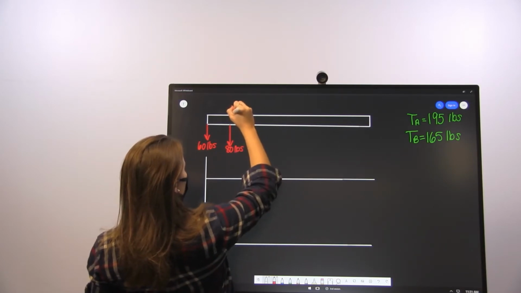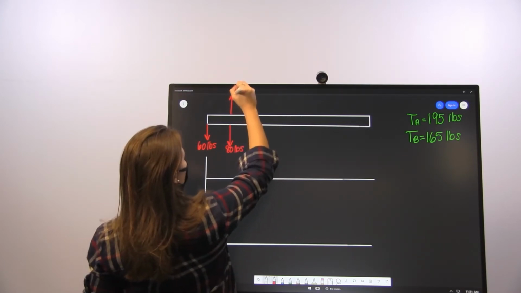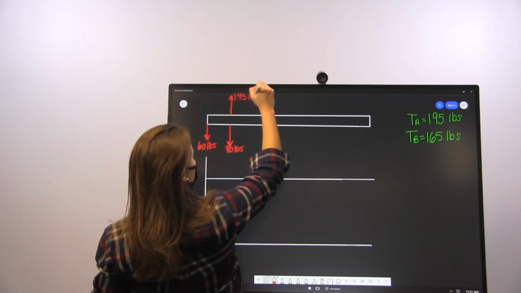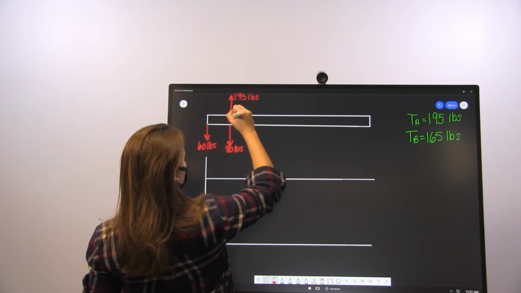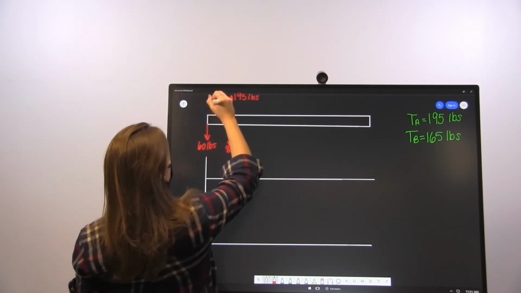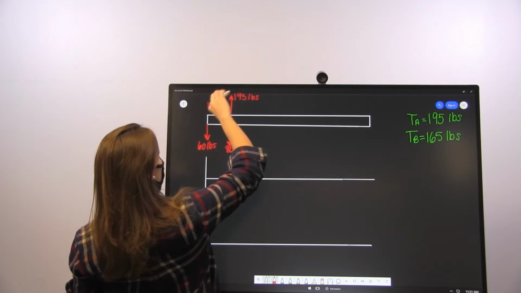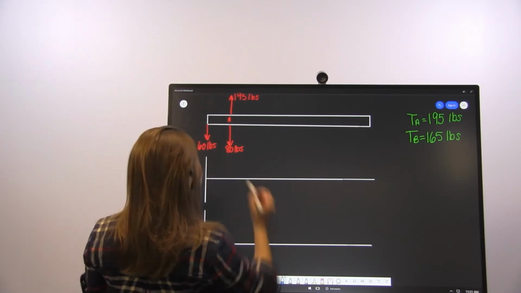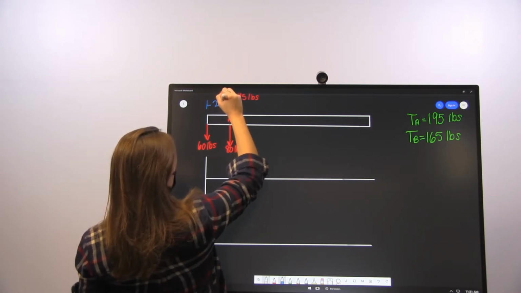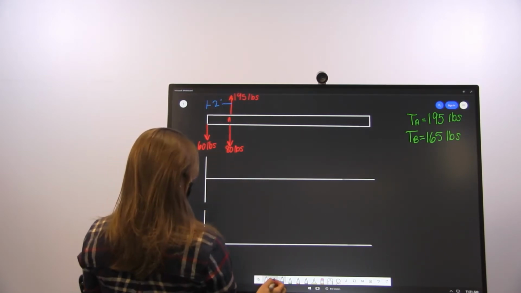And we're going to have our upward 195 pounds, because this is A, right here. And then these are going to be 2 feet apart. We're going to want to make sure that we know the increments between these, because that's what we're going to use in our shear and moment diagrams. So we know that those are 2 feet apart.